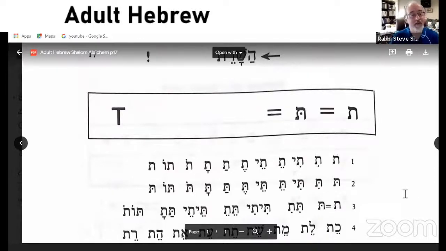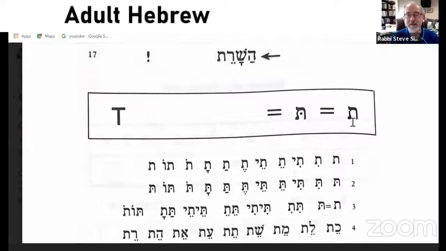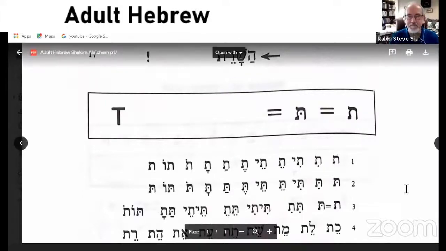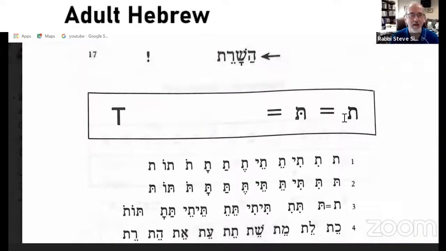And like many things in Hebrew, there are 2 forms. So welcome to Confusion City. This has a dot in the center. This is empty. They're both pronounced T. In medieval Europe, Ashkenazim began to pronounce this without the dot as an S sound.